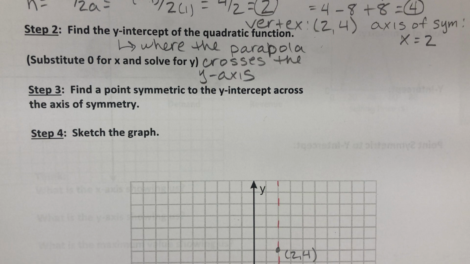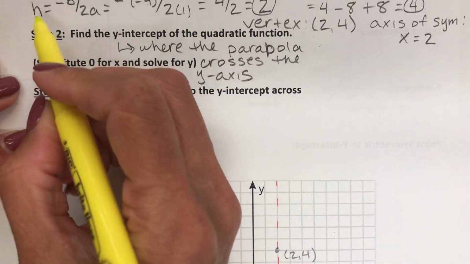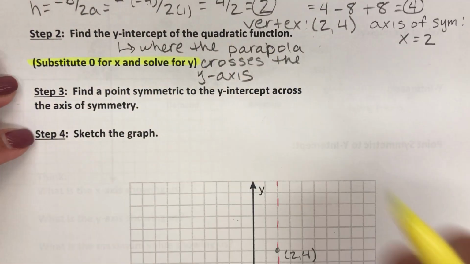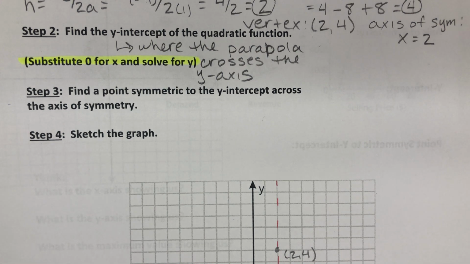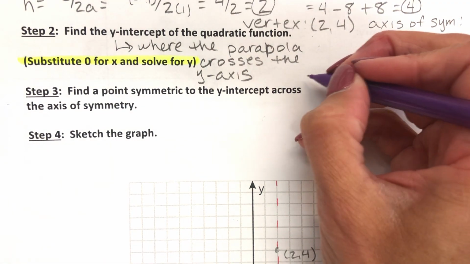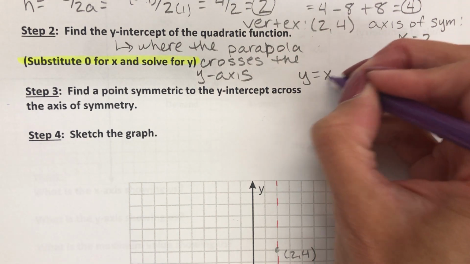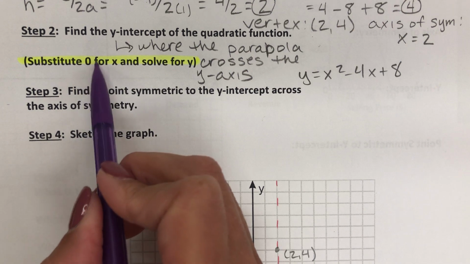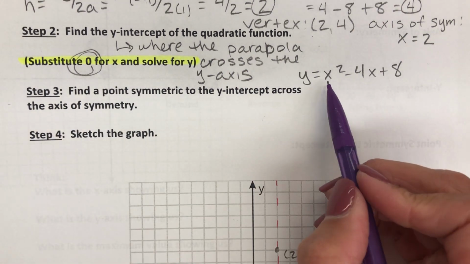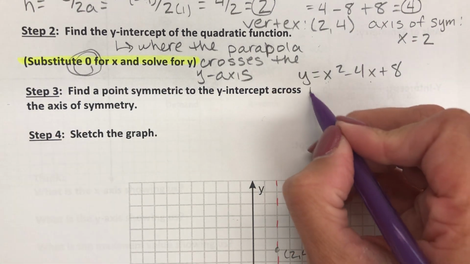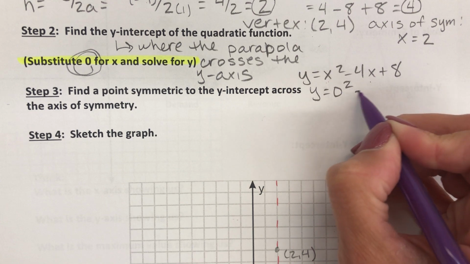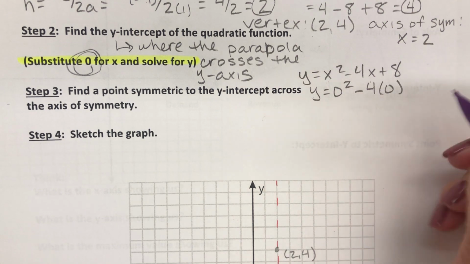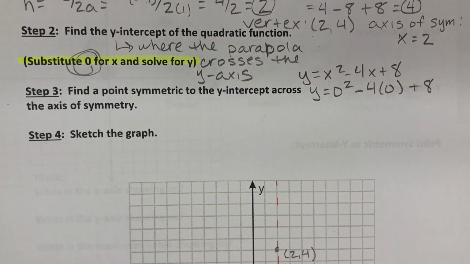And the way you do that is you substitute 0 for x. So you're going to go back to your original equation, x squared minus 4x plus 8. And I'm going to take 0 and plug it in for each x here. So 0 squared minus 4 times 0 plus 8.